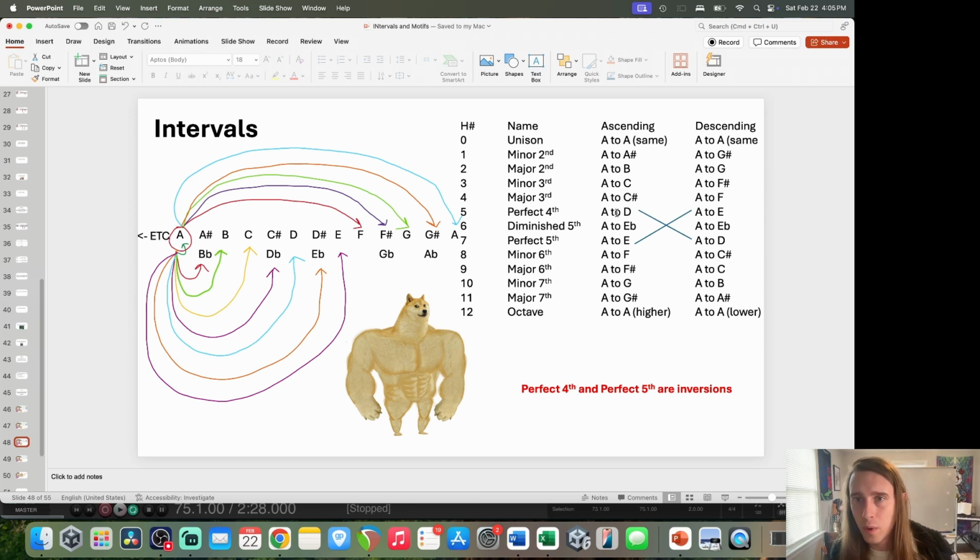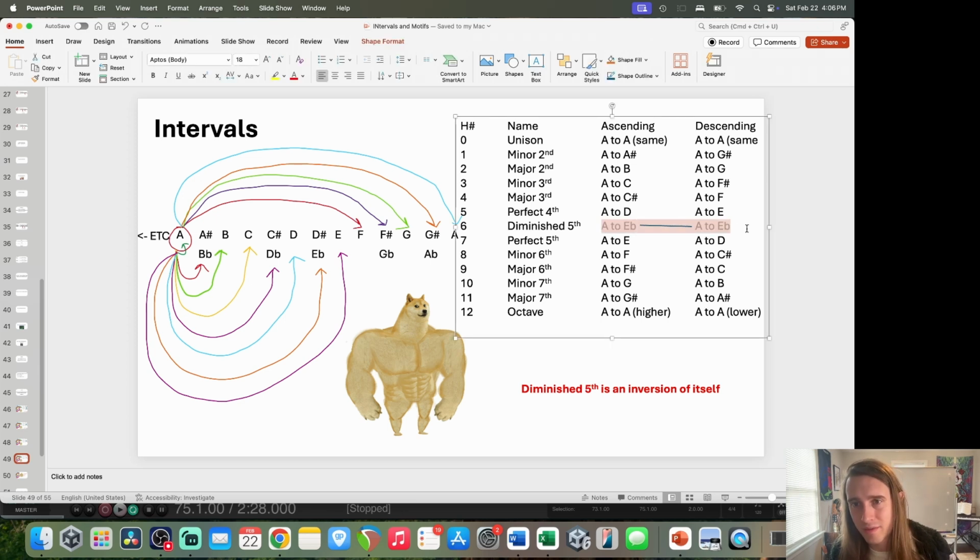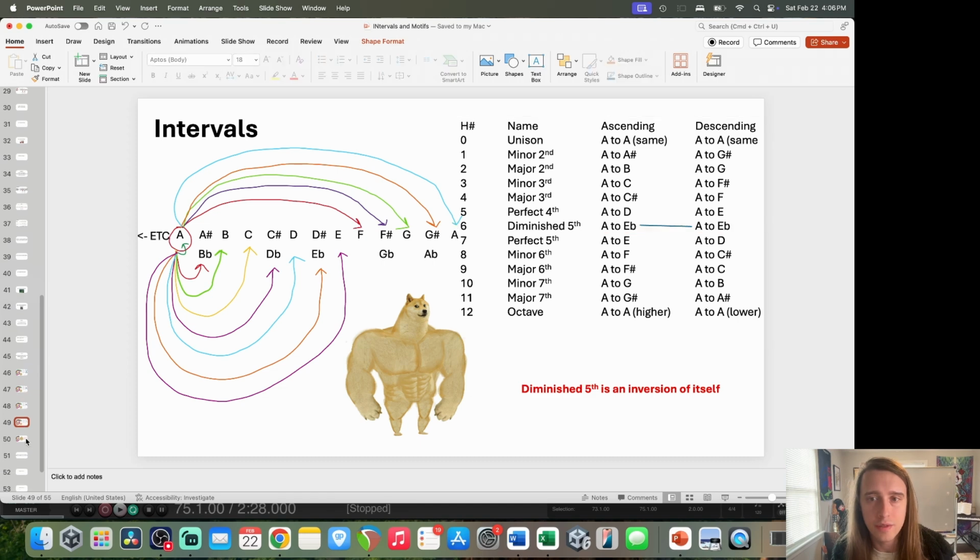A perfect fourth ascending will get you A to D, where a perfect fifth descending will get you A to D. A perfect fourth descending will get you A to E, and a perfect fifth ascending will get you A to E. And then a diminished fifth, it's a mirror of itself. Ascending, descending both get you A to E flat.